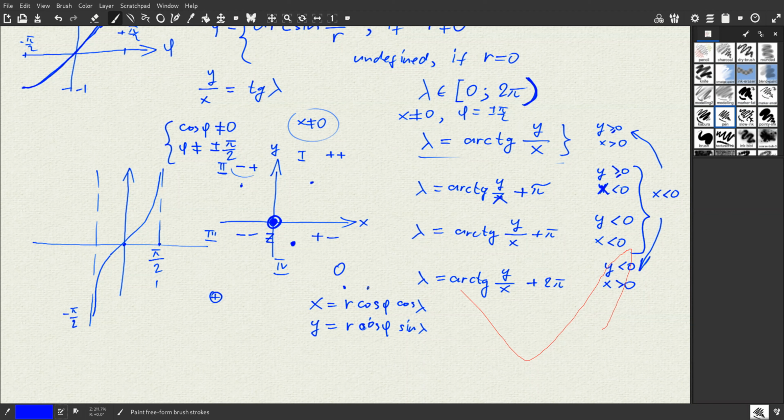Cosine phi equal to 0 would mean that, what? We're in the pole. So this is origin, this is pole, north or south. In which case, lambda is again not defined, okay?